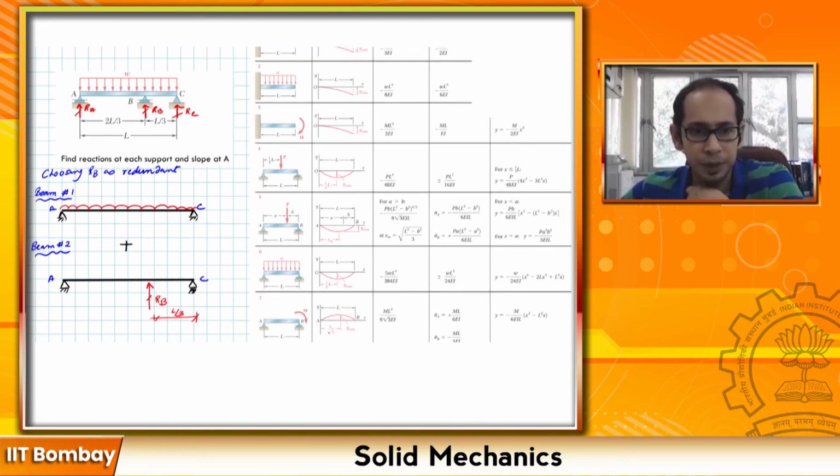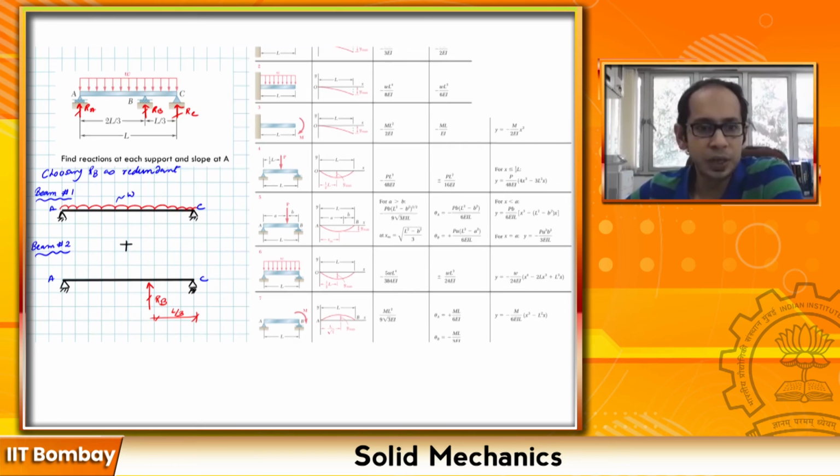For example, because of this load W, you can find the deflection that happens at this particular point B. Now, before looking at the table, what is the compatibility that we are going to use? Since you have a roller support at the point B, there is going to be no vertical deflection.